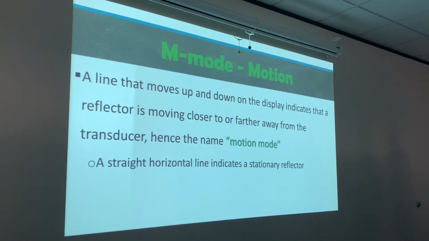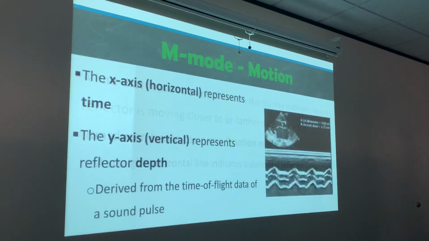Right? A straight horizontal line indicates a stationary reflector, such as the skin wall, you know, the skin or the fat layer, or the muscle layer. They're not gonna move. We mostly use M mode basically for the heart. Those are the structures in the body that are moving all the time. All right.